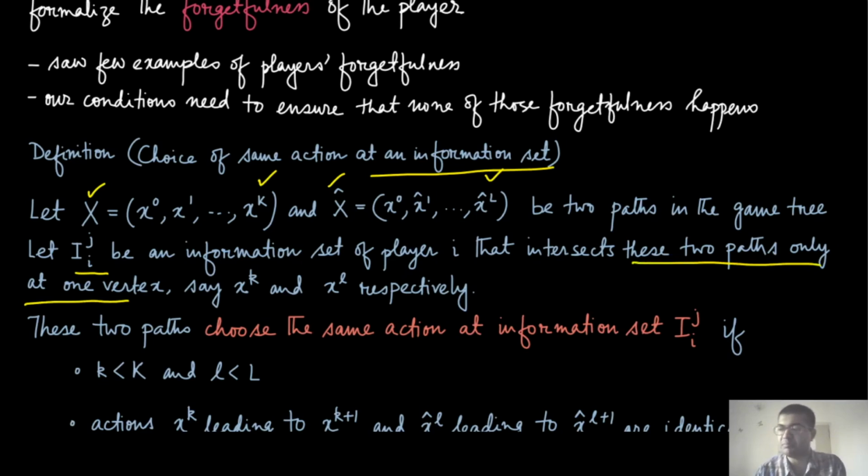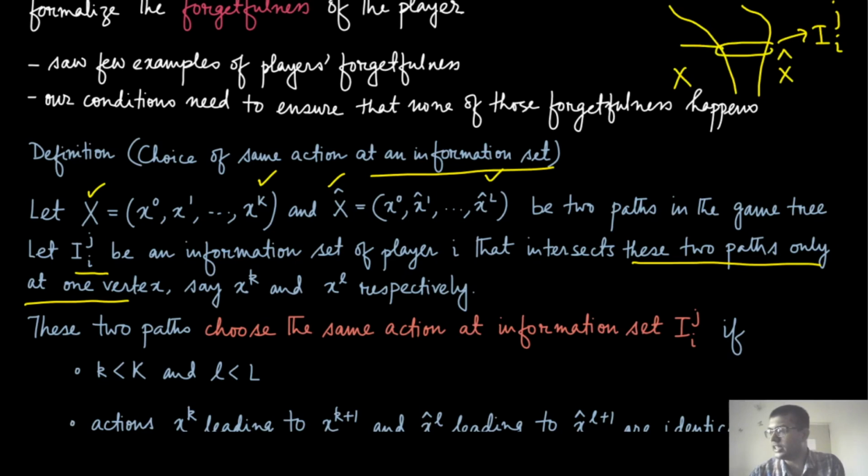So maybe these two paths are coming in different ways. This is the path x, and this is the path x hat, and there is one information set of player I, given by I_i^j, and this intersects the path x at the node x_k, and this intersects the x hat path at x hat_l, right?